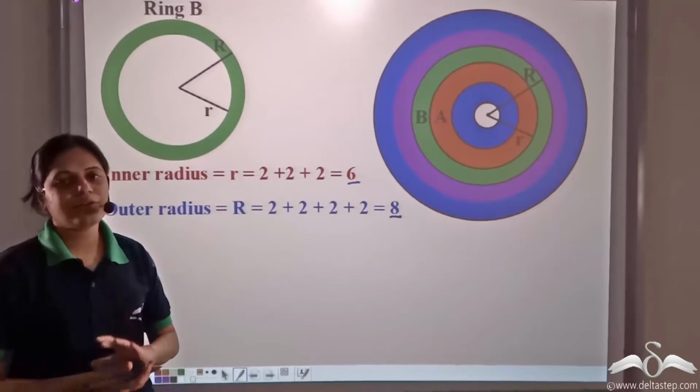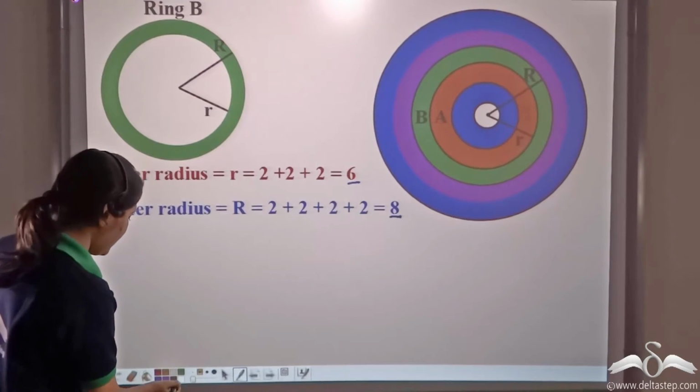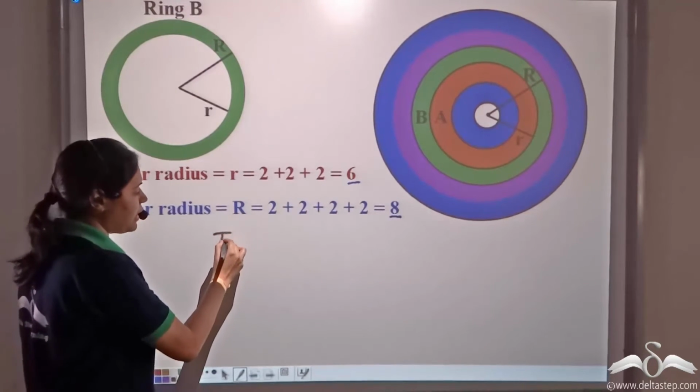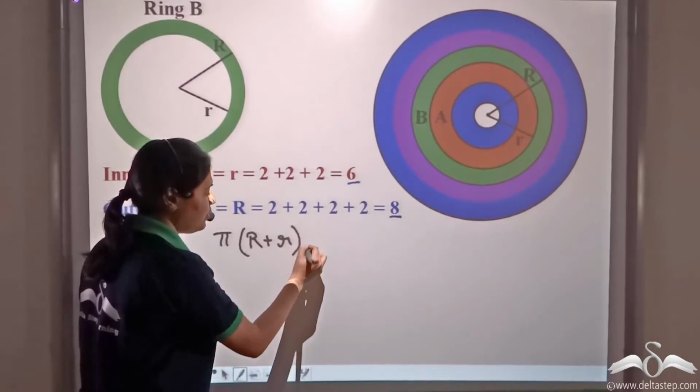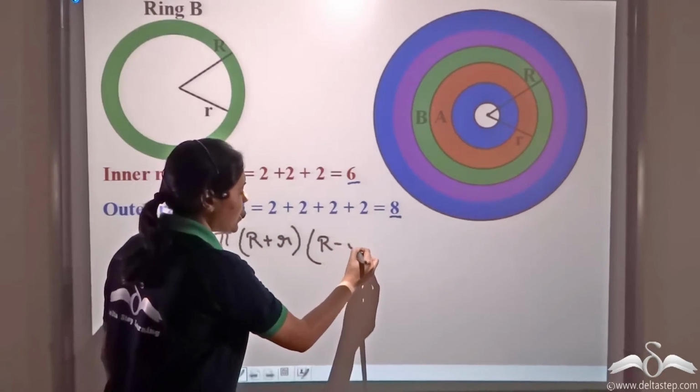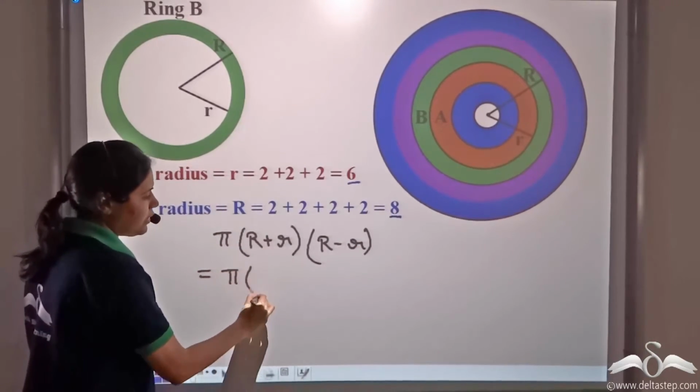So can you find the area of ring B? Well, the area is given by pi into capital R plus small r into capital R minus small r, which is equal to pi.